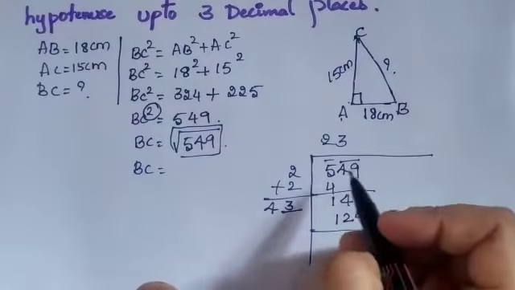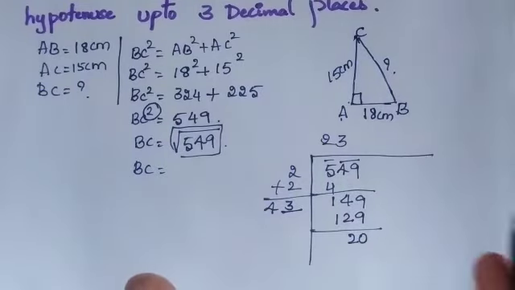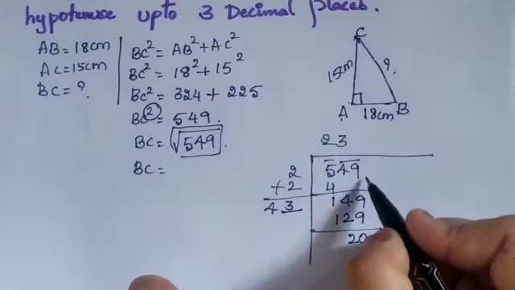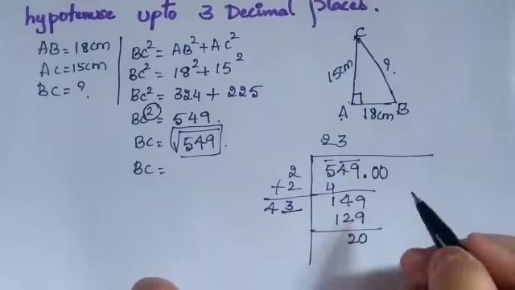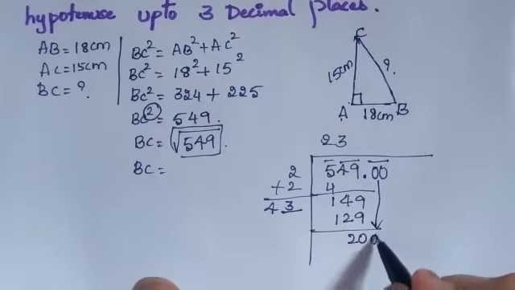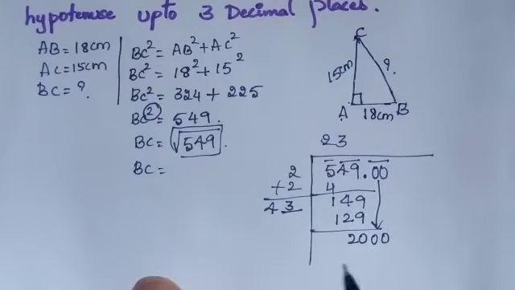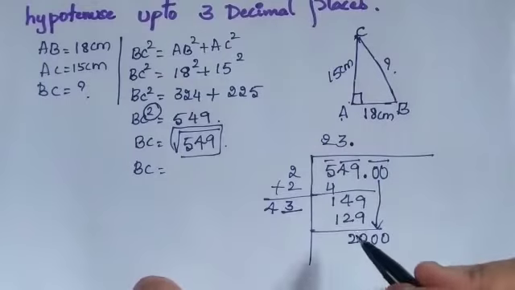Here the square root of 549 is not 23, that means the number will be 23 point something. So after this I can put a point here and 2 zeros, so I can take them downwards to make 2000. So after 23, the point will come here.